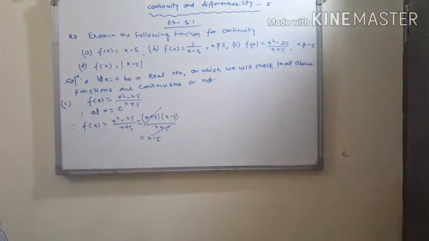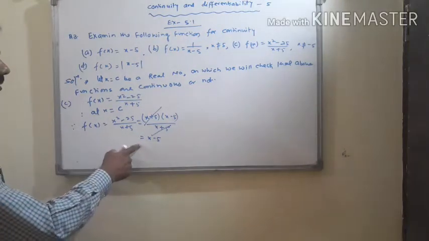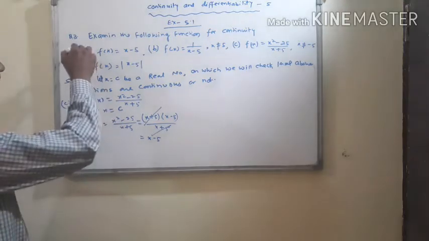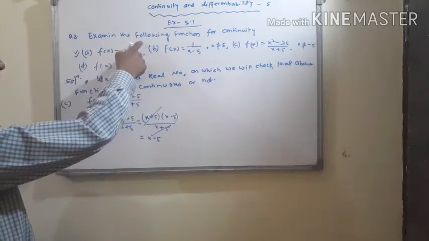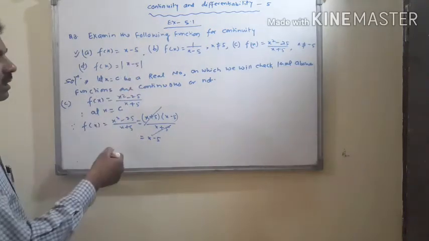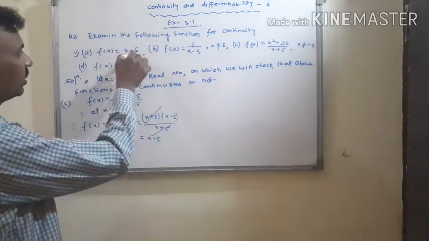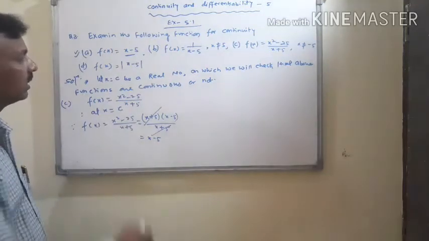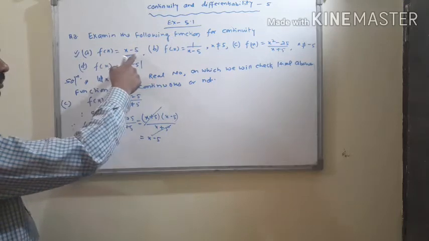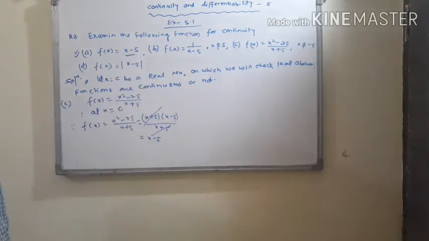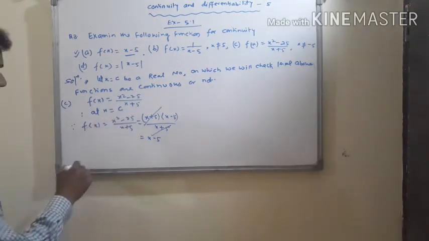As is seen here, this question is reduced to the first type of question, f of x equal to x minus 5, and we have already discussed this question. That means we have shown that f of x equal to x minus 5 is continuous at x equal to c.